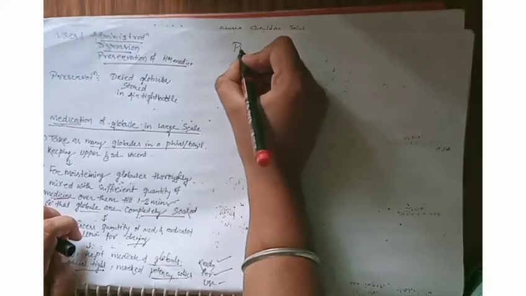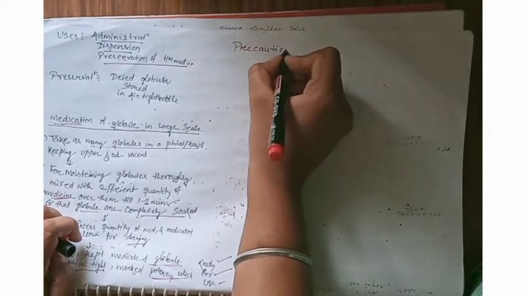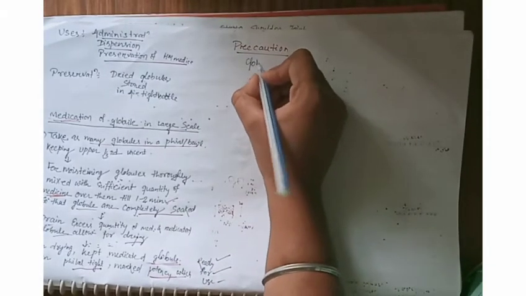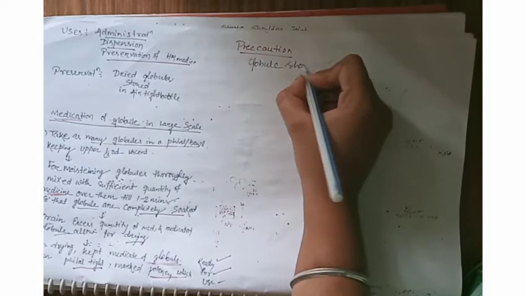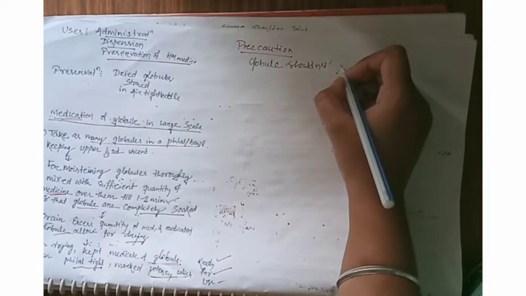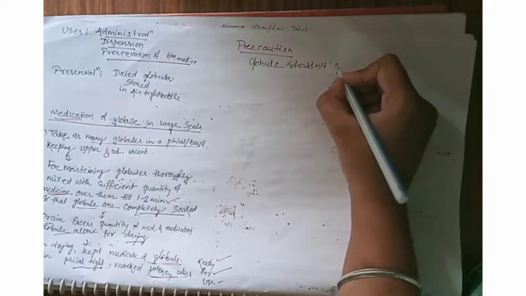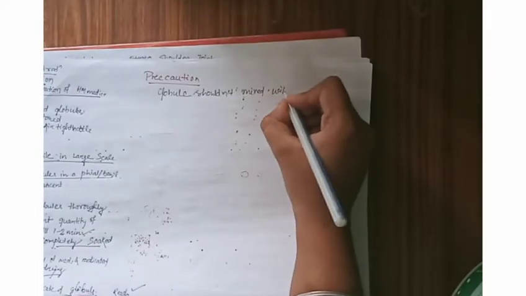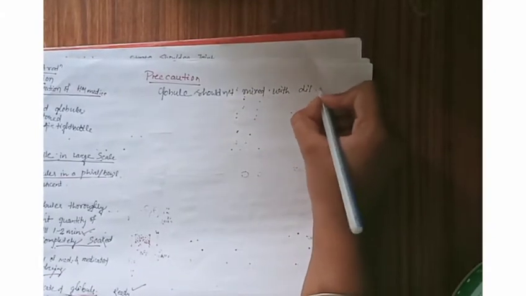And a precaution should be maintained: if we add the globule in dilute form, the precaution is that the globule should not be attenuated with dilute alcohol, should not be mixed with dilute alcohol.